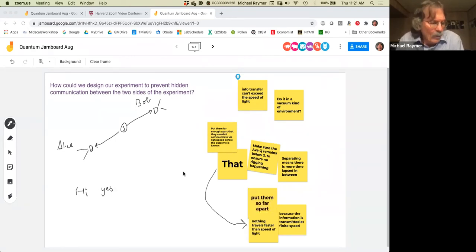And that's consistent with the idea of a laser pulse or a radio pulse, because those are electromagnetic waves and they travel at the speed of light. And according to all the physics theory we have, both classical and quantum, nothing can travel faster than the speed of light. So if we put them far enough away that they couldn't communicate via light speed before the outcome is known, that's exactly right.